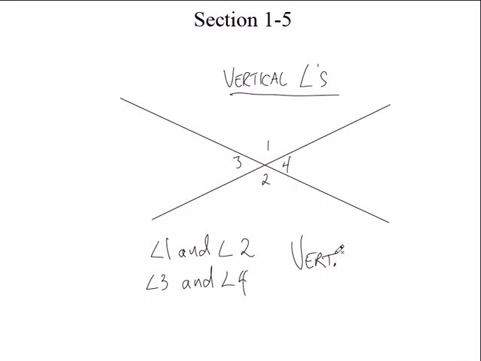A lot of times in geometry we shorten these up so I don't have to write out the whole entire word. So vertical angles are equal, or if you really want, we can say congruent. That's really important right there. We're going to use that a whole lot. Some of the stuff we don't touch on all that much, but vertical angles are equal, or vertical angles are congruent, is something that we will hit quite a bit.